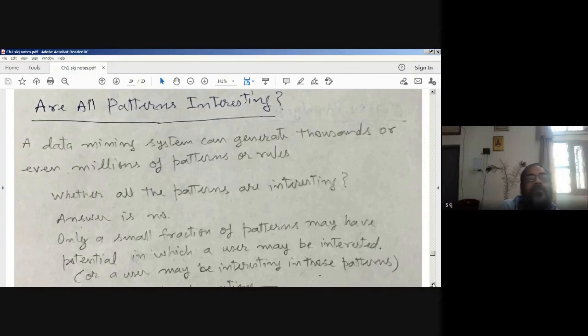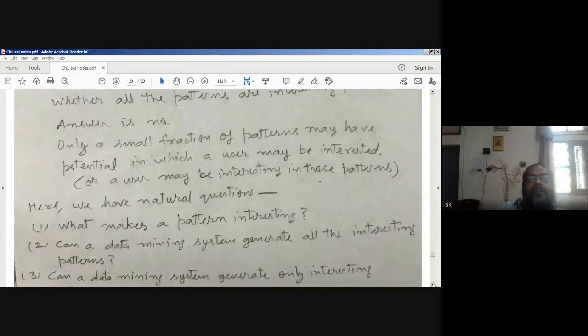So we will see here what is written. Data mining systems can generate thousands or even millions of patterns or rules. Are all patterns interesting? The answer will naturally be no. Only a small fraction, a very small percentage of the patterns, may have potential in which a user may be interested.